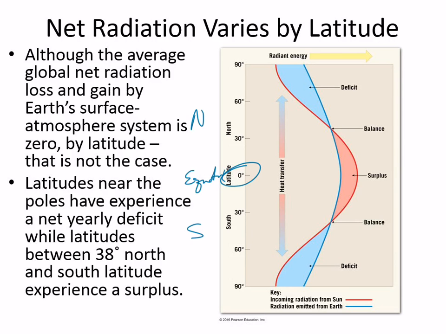Then the tipping point is 38 degrees. We have a surplus from the equator towards 38 degrees, and we have a deficit from 38 degrees towards the poles. Just in general.